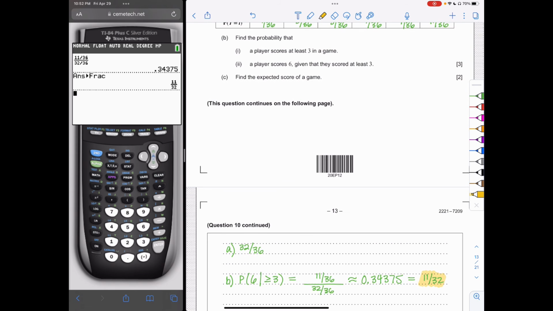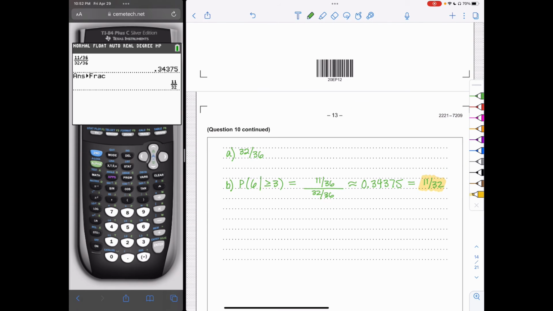All right, so now for C, it says find the expected score. So remember, your expected score is the sum of all the x values times their probabilities.